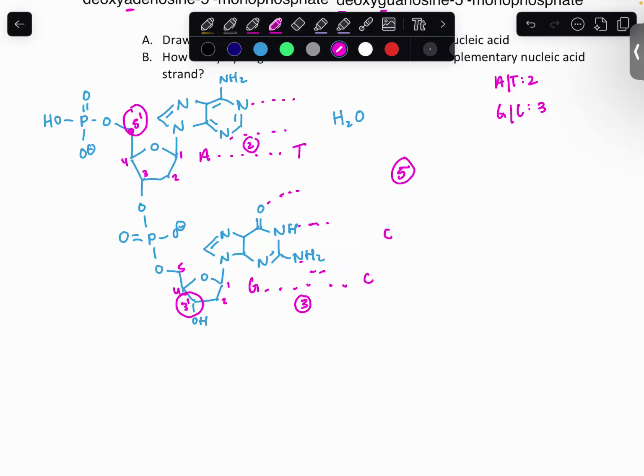That's when something else has a higher priority than the alcohol, which is rare and probably will not come up on the exam. But naming is probably a good thing to review for the exam.